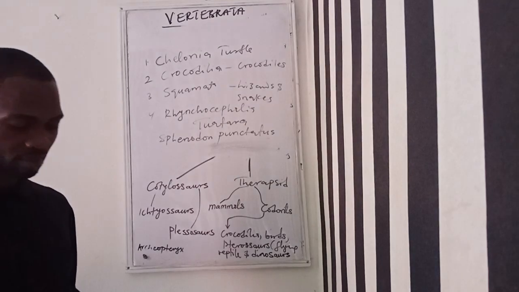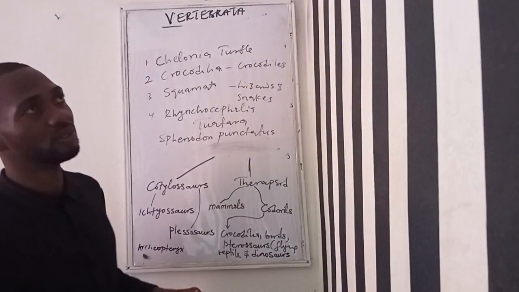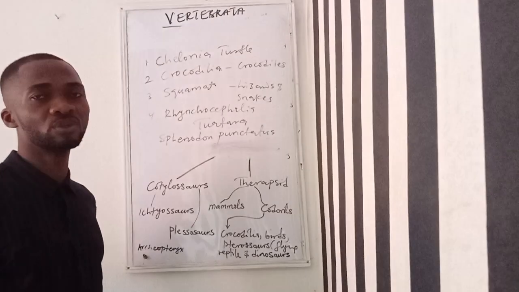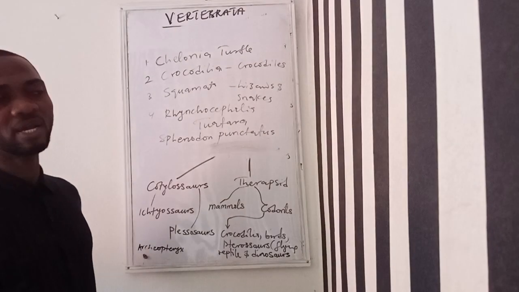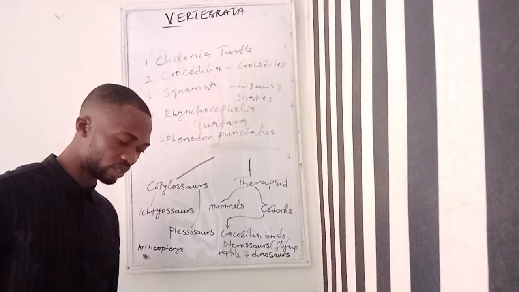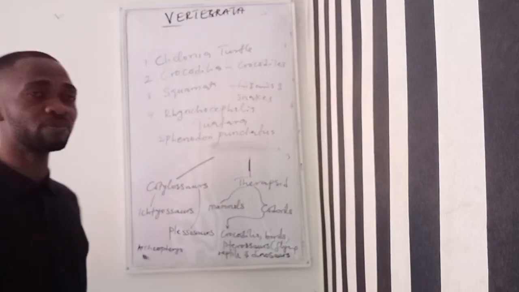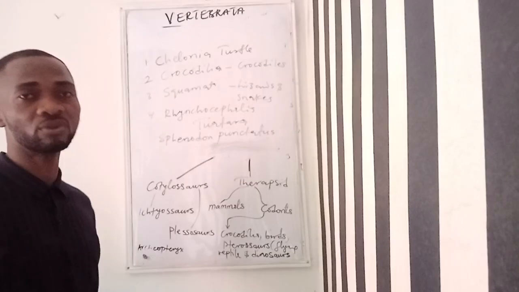So, having noted that now, let's now talk about the reason why dinosaurs went into extinction. We have several schools of thought with respect to the reason why dinosaurs went into extinction, but the most popular one is the one they call the catastrophism school of thought.